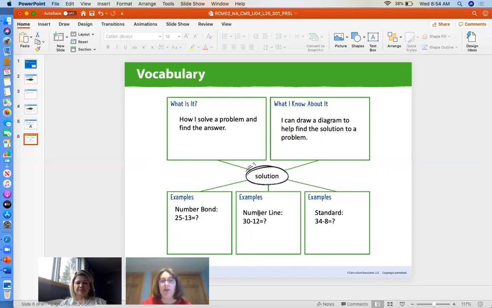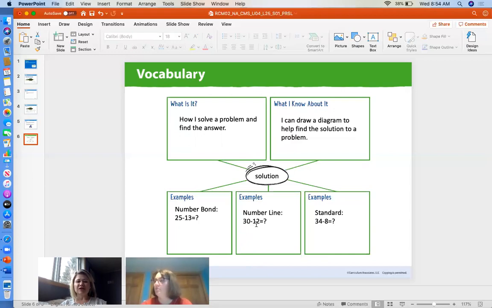The next one, we will do a number line, and the equation is 30 minus 12 equals question mark. So you have a choice when you do a number line. You'll put your big number over here, right? And then your smaller number over here, because that's the way we count. We go this way when we count.